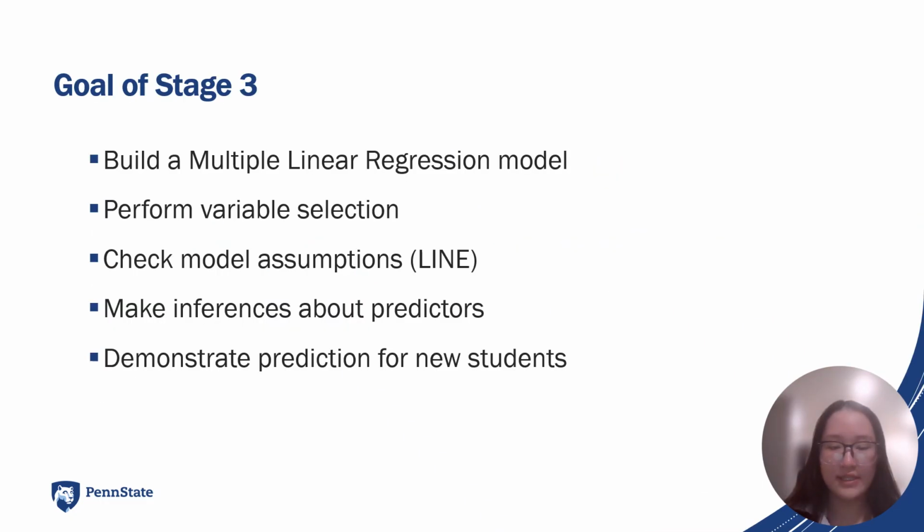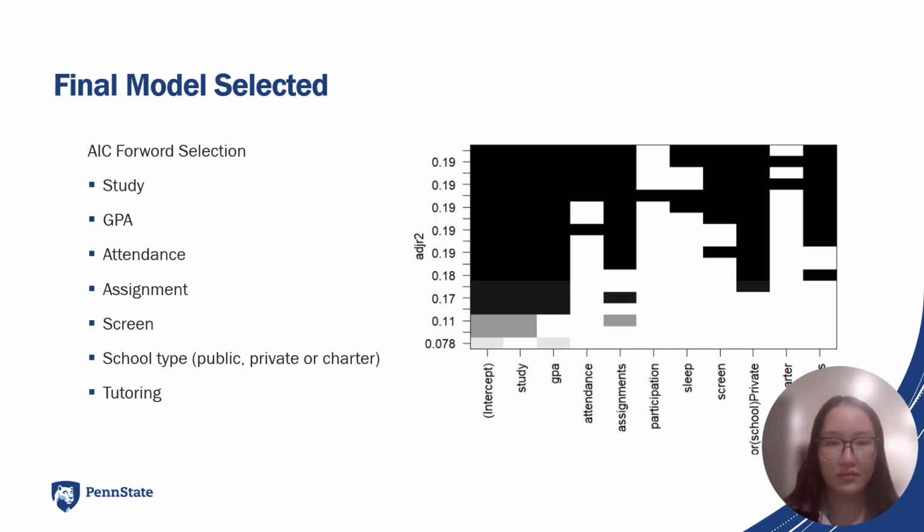The goal for this stage is building a multiple linear regression model, performing variable selection, checking model assumptions, making inferences about predictors, and finally making a prediction for a new student. So by the end, we want a final model that's trustworthy for both inference and prediction.